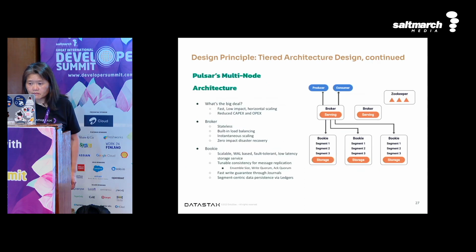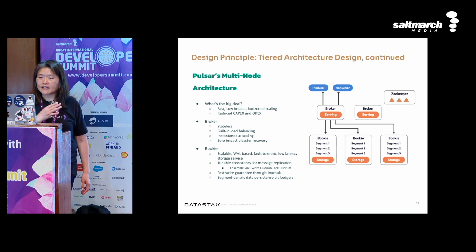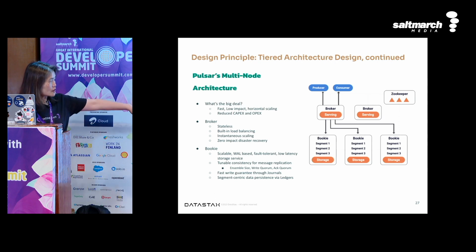This particular slide is probably something I already talked about earlier, but I want to highlight the bookie part. Bookie itself is again very scalable. It's also based on a specification called WAL, W-A-L, write ahead logging. And it's also fault tolerant by itself.